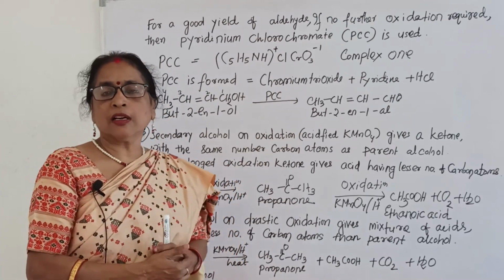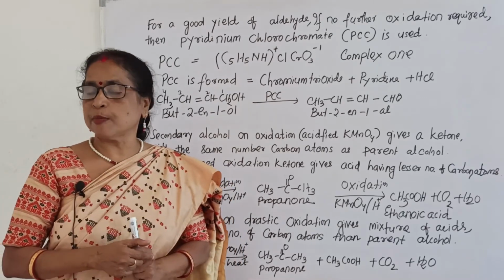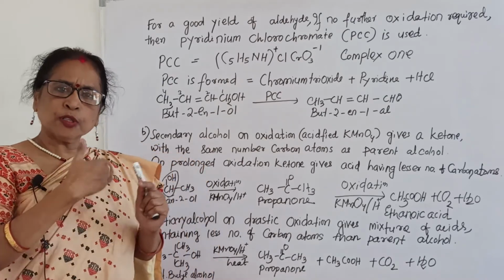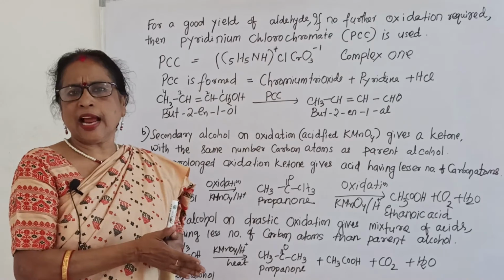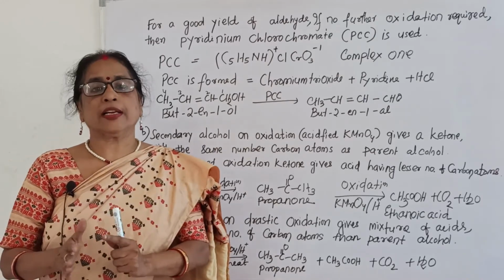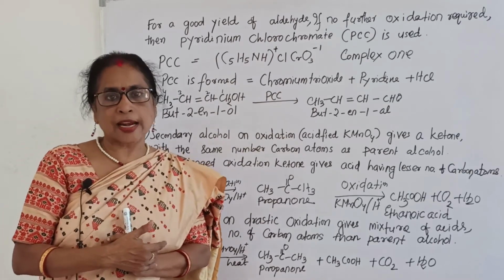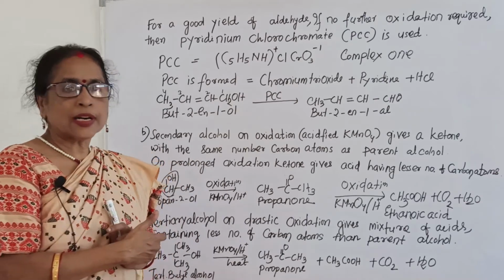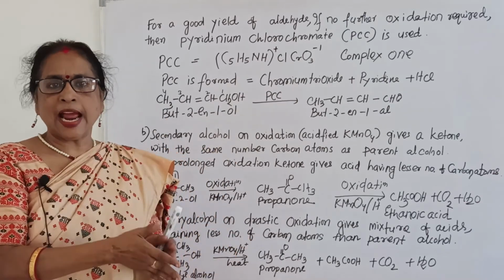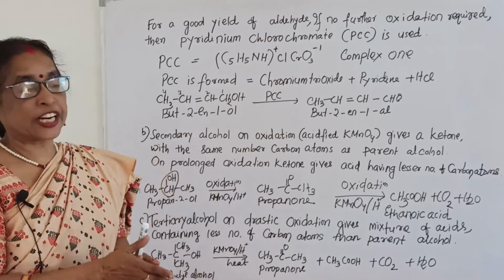If the parent alcohol contains 3 carbons, the aldehyde contains 3 carbons and the acid also contains 3 carbons. Suppose we want only aldehyde, no acid, then we can use anhydrous chromium oxide, as I told before. Only aldehyde is produced, no acid. The oxidation stops at the aldehyde.